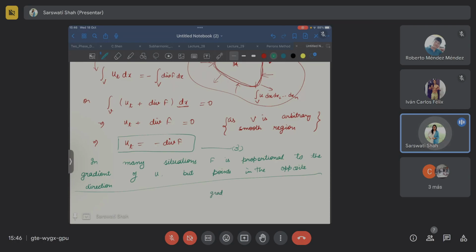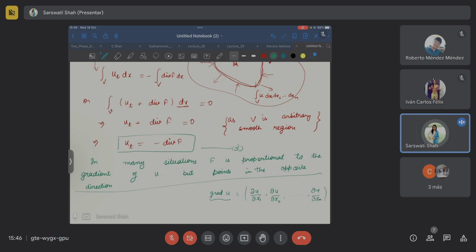We define the gradient of a scalar function, isn't it? The gradient is always defined on a scalar function. So when we define the gradient, suppose we are in n dimensions, we write it as del u over del x1, del u over del x2, dot dot dot, del u over del xn.